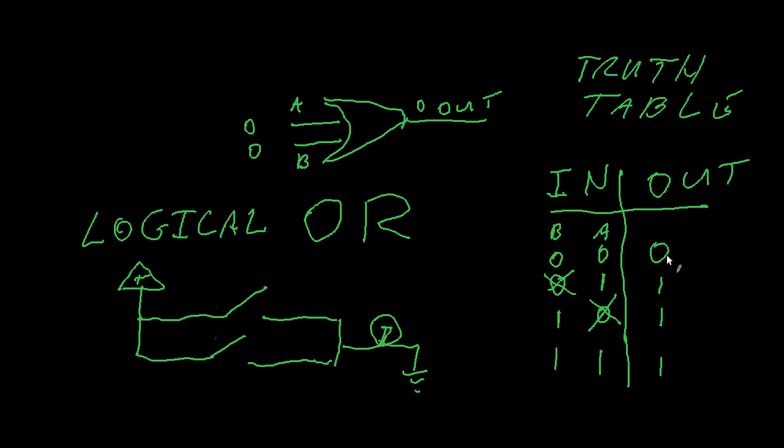And that's exactly what we see right here. We see both switches are 0, then the light is off. The output is 0. If one of those switches is turned on, or if both of those switches are turned on, doesn't matter which one, then the light bulb lights up. So that's our OR function, the OR gate.